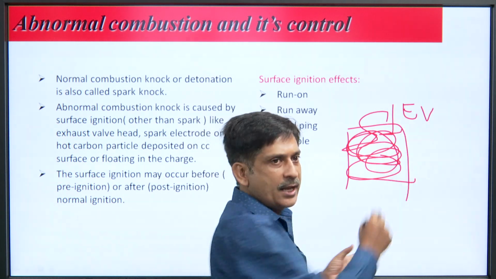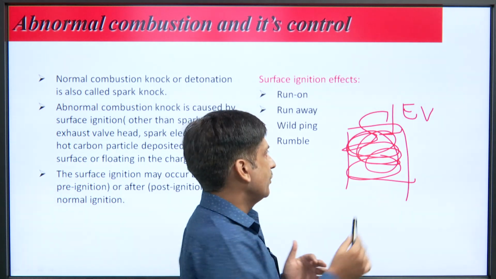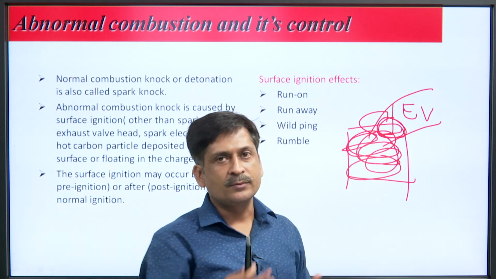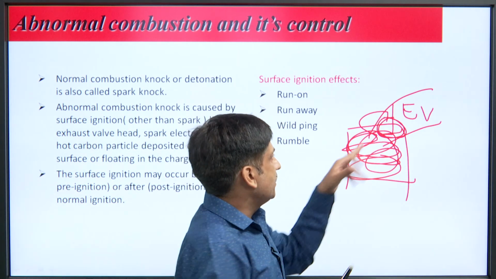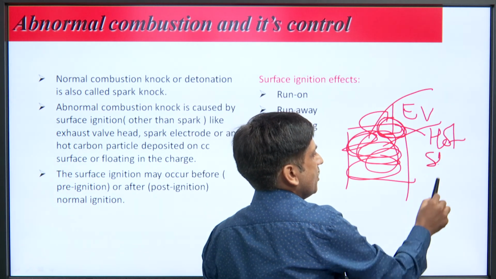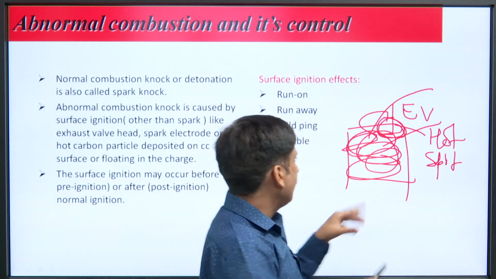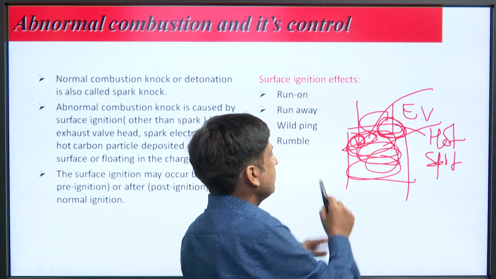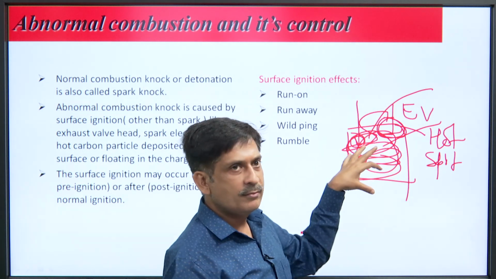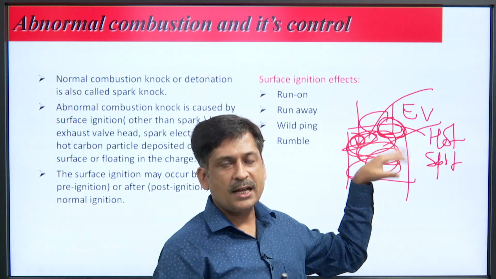Because exhaust gases have a very high temperature, when they pass over the exhaust valve, its temperature becomes very high and it acts as a local spark plug, known as a hot spot. The spark is not here, but combustion starts with the help of the hot area.